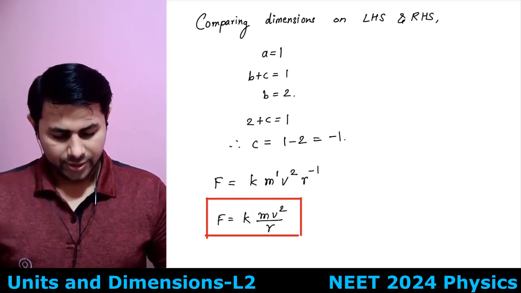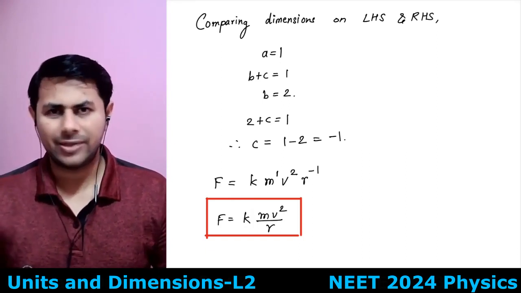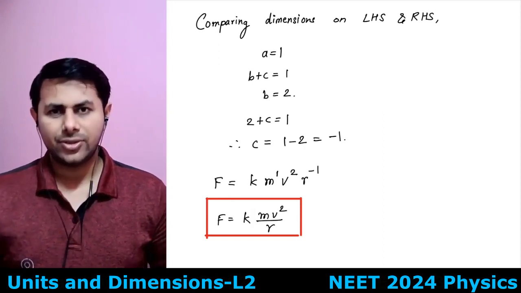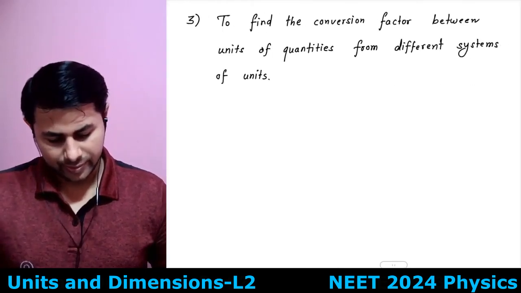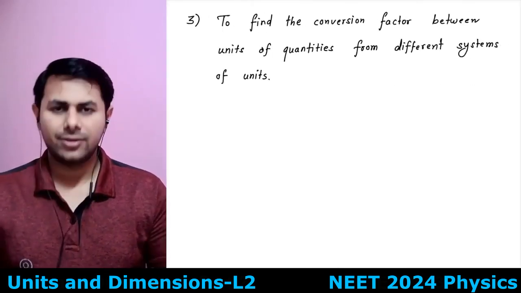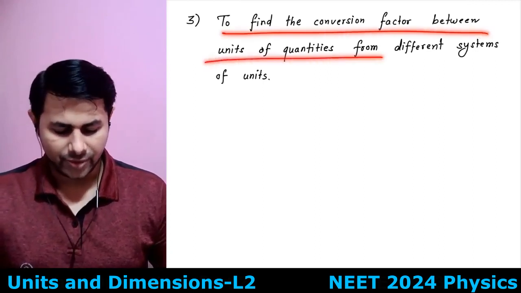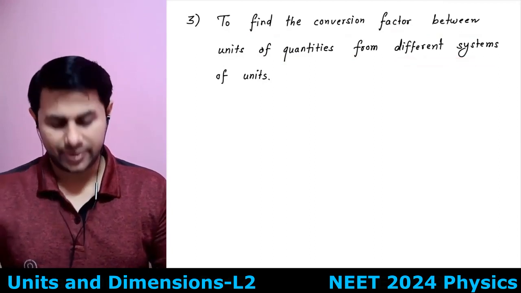Okay. So this is how we use dimensions to relate different physical quantities. And there will be lots of problems based upon this. We'll solve some problems. And then there is another use, to find the conversion factor between units of various quantities in different systems of units.